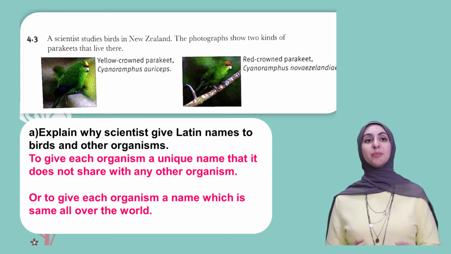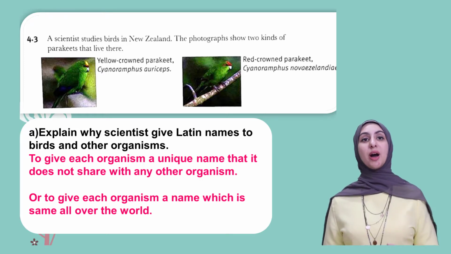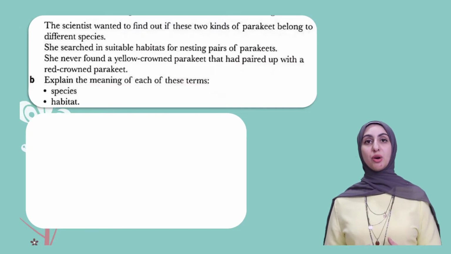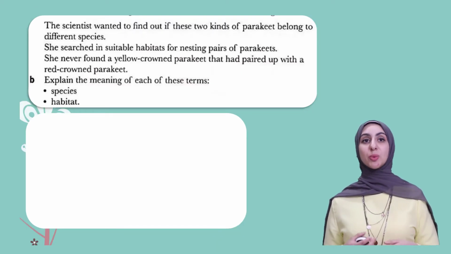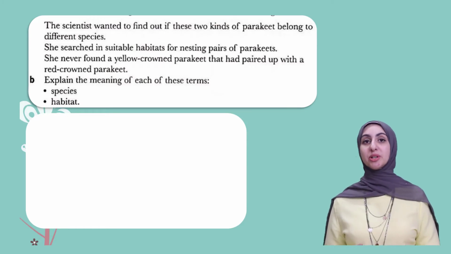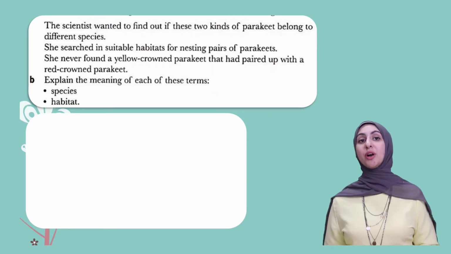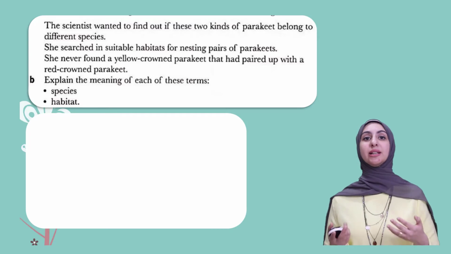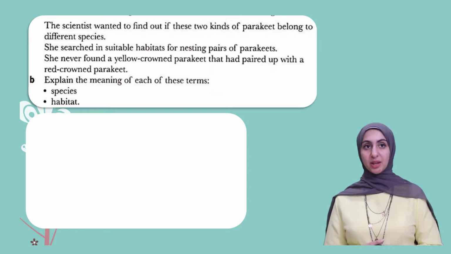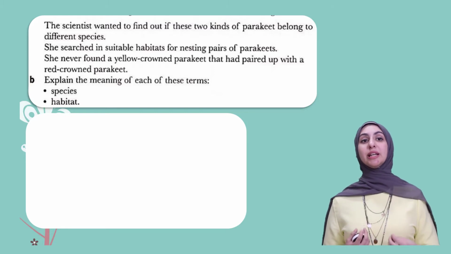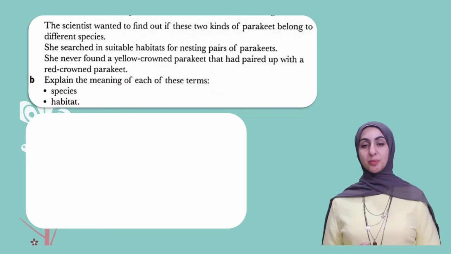Right? Okay. The scientists wanted to find out if these 2 kinds of parakeet belong to different species. She searched in suitable habitats for nesting pairs of parakeets. She never found a yellow-crowned parakeet that had paired up with a red-crowned parakeet. Question B. Explain the meaning of these terms.